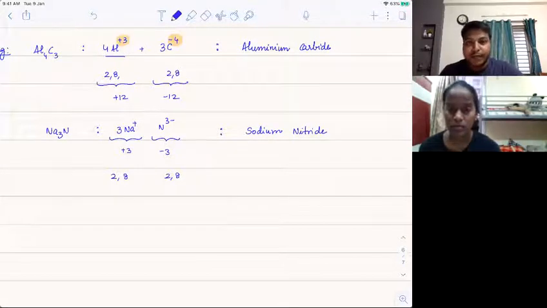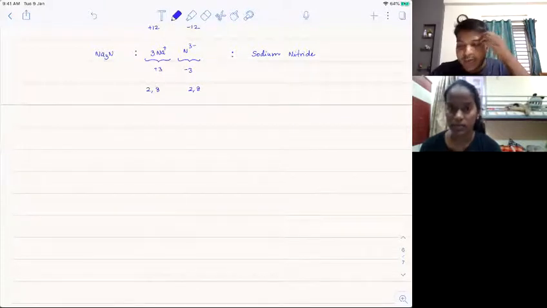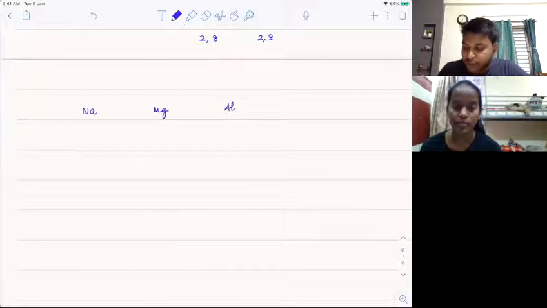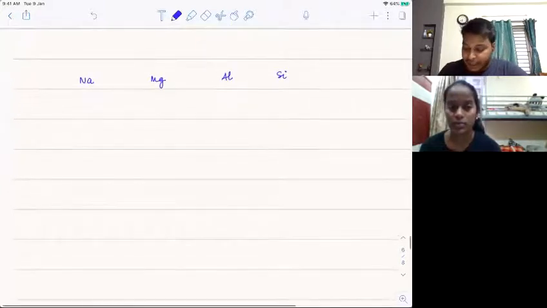Now suppose I give you some elements. I'll give you 3, 4 elements, atoms and ions. You have to determine what kind of molecule they can form. For instance, if I have sodium, magnesium, aluminium and silicon, and I have carbon, nitrogen, oxygen, fluorine.